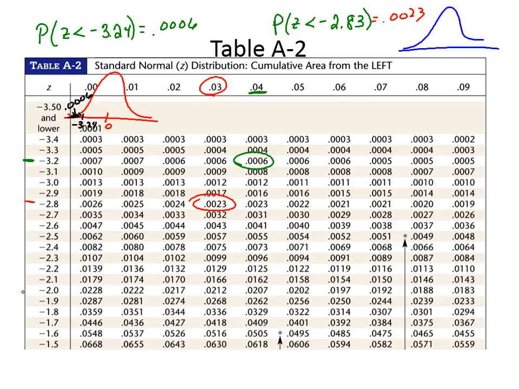Underneath that curve, the area that's shaded is your probability. Again, with negative 2.83, it's still very small. Z tells us how far along the horizontal axis it is.